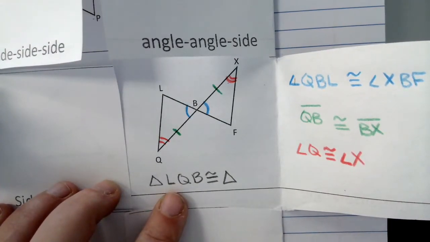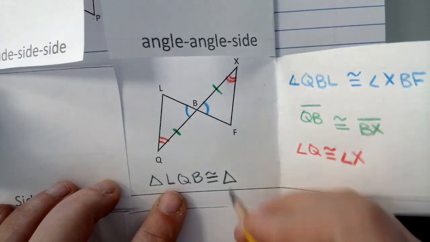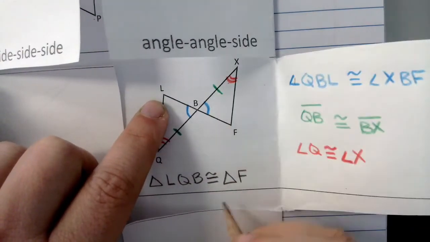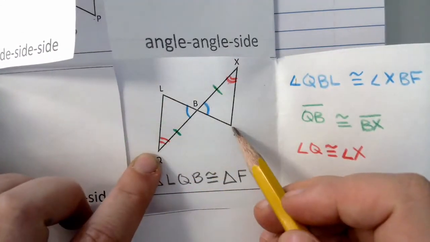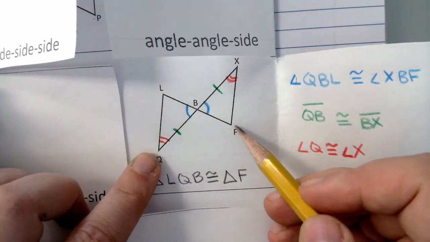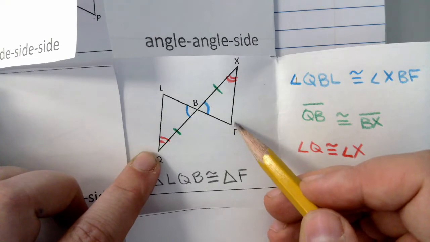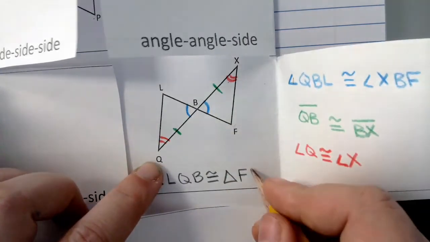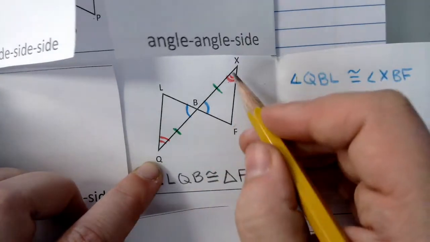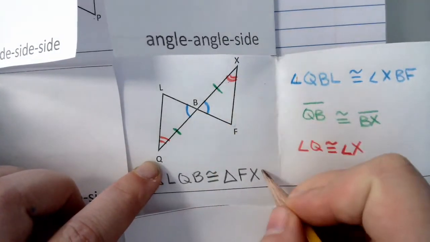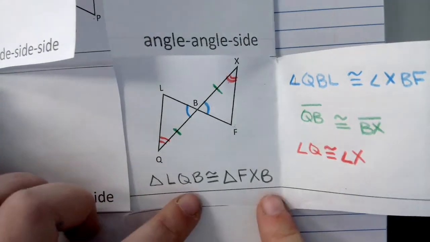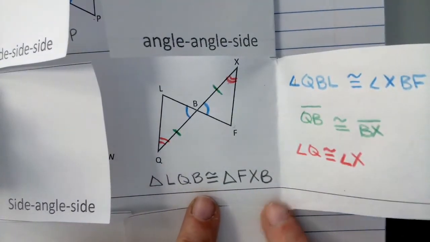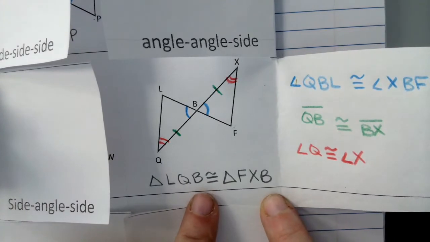Yep, X. And then I end up at B. This time those B's end up in the same place. That's okay. Do they always end up at the same place? Just because they're the same letter doesn't mean they have to end up at the same place. This time they did. Alright, so I did my side in green, so I'm going to go blue, green, red when I label this. So this is angle, side, angle. Blue.